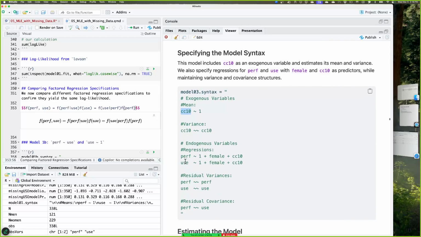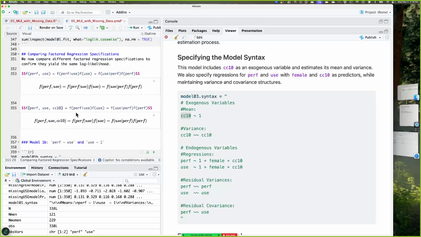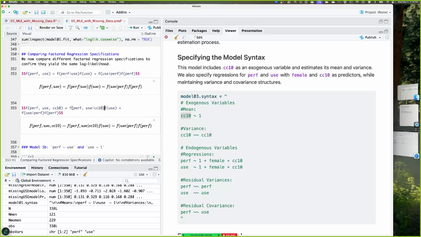So now what I've done is basically thought of this, it's almost like a factored regression approach, right? In fact, if I wanted to explain what I'm doing here, I actually have CC10 in our likelihood function. So now what we have is the joint distribution of performance and usefulness conditional on CC10.